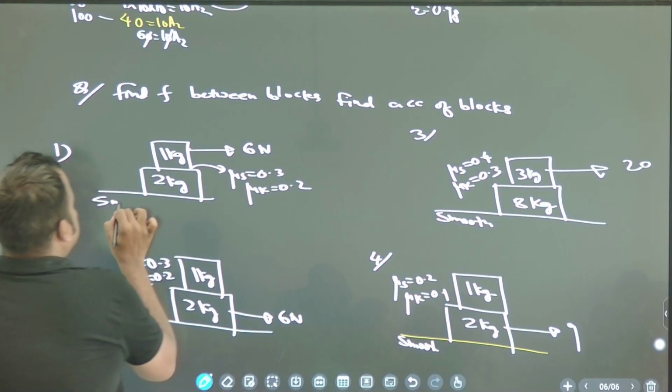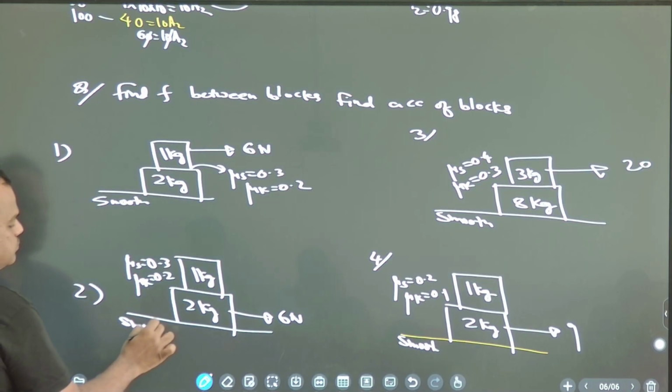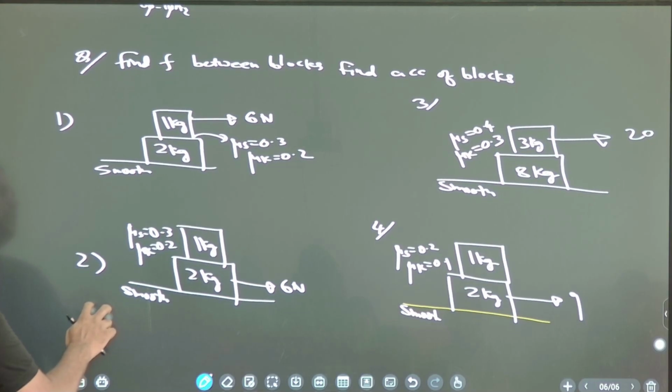Solve what is the friction between the blocks, and what is the acceleration of the blocks.